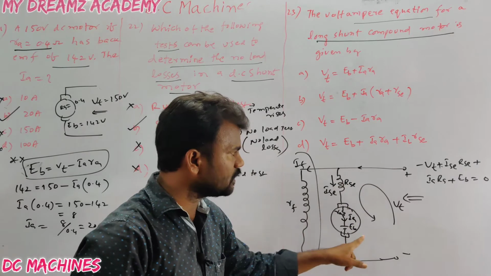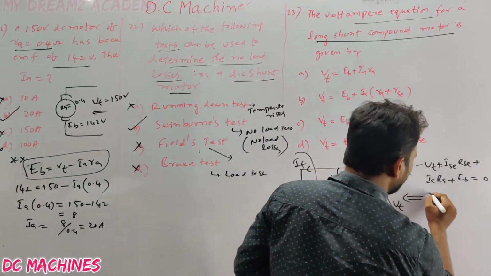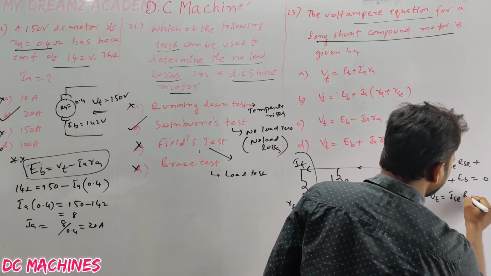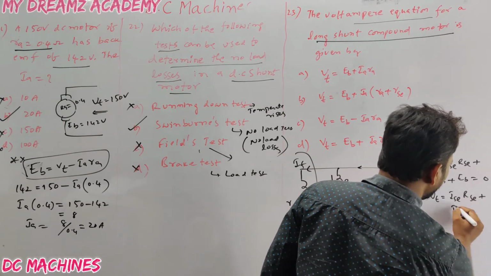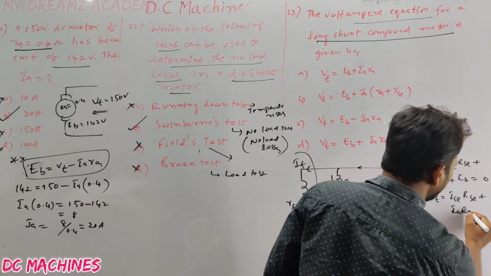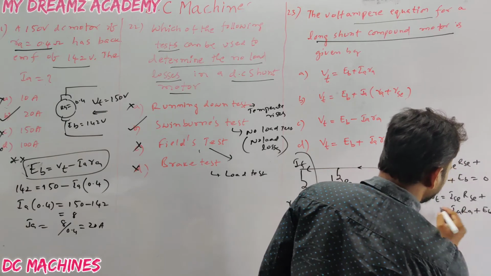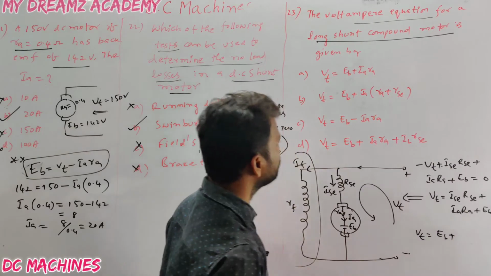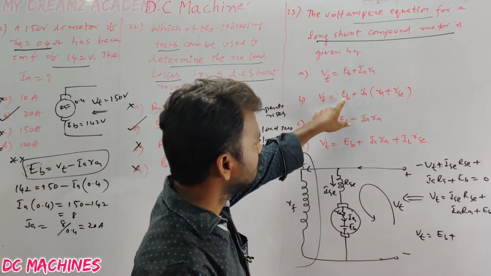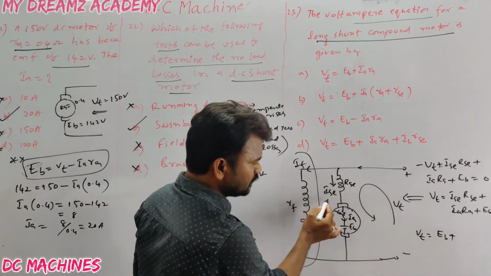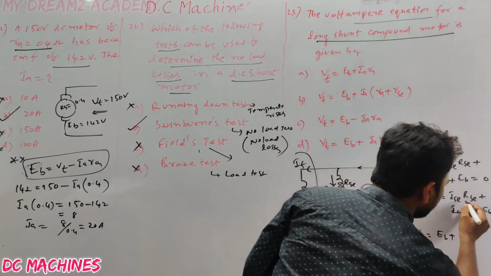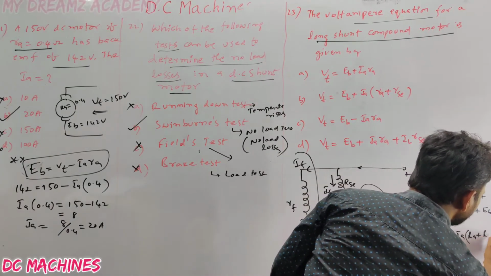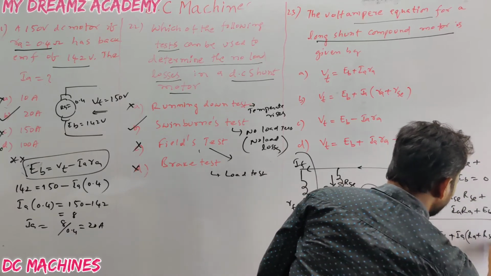Now terminal voltage is equal to Ise Rse plus Ia Ra plus back EMF. So finally Vt is equal to Eb plus Ia into (Ra plus Rse), since the series field current and armature current are the same. So this is our answer.